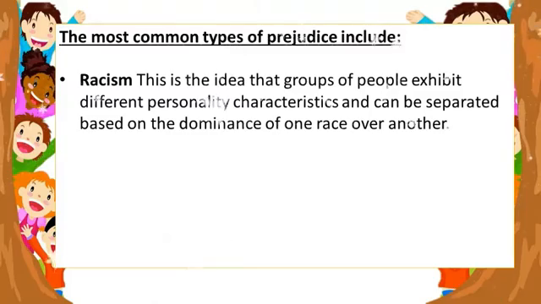Racism is the idea that groups of people exhibit different personality characteristics and can be separated based on the dominance of one race over another. So racism exists when you are judging a person about his appearance or maybe his culture.